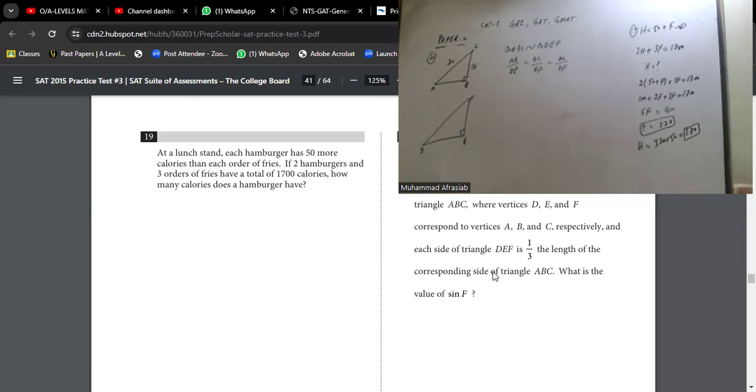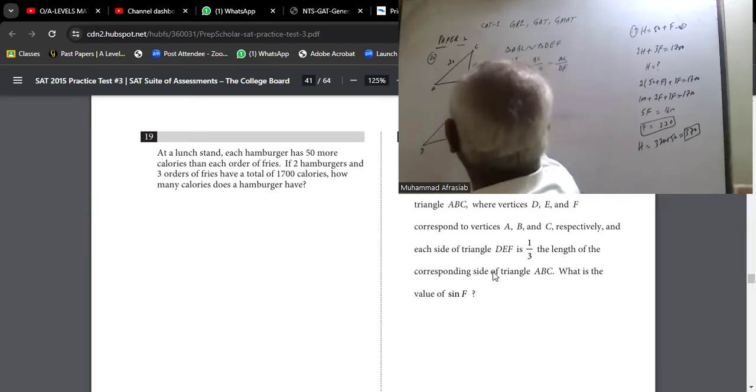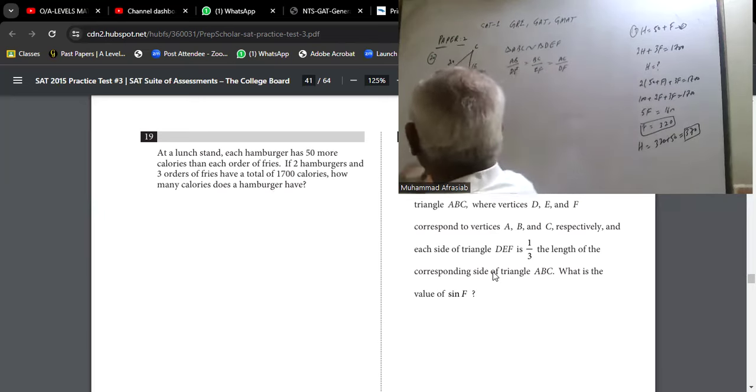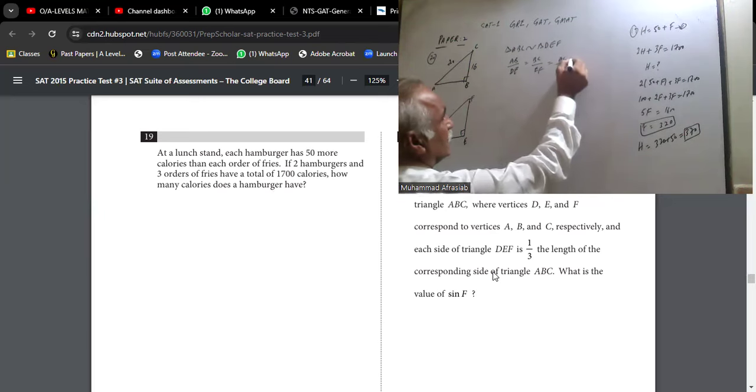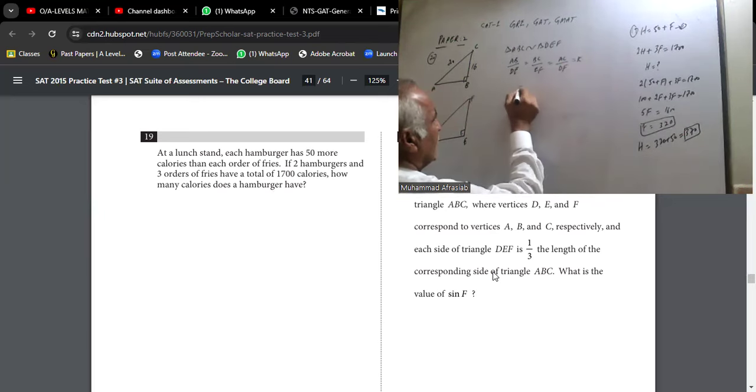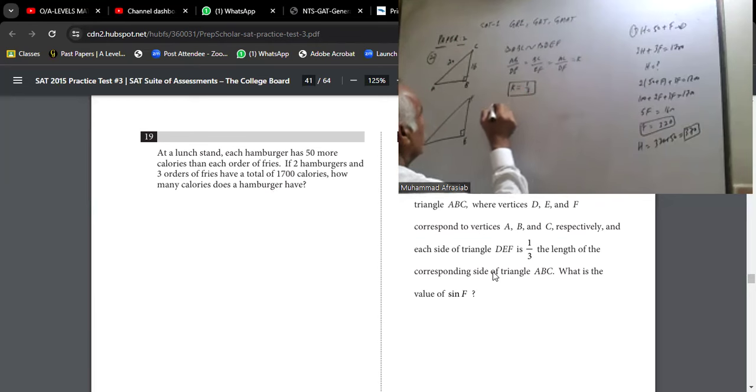So it is 1/3. So first we will calculate this value there, that the ratio is equal to constant K, and that K value is equal to 1/3.